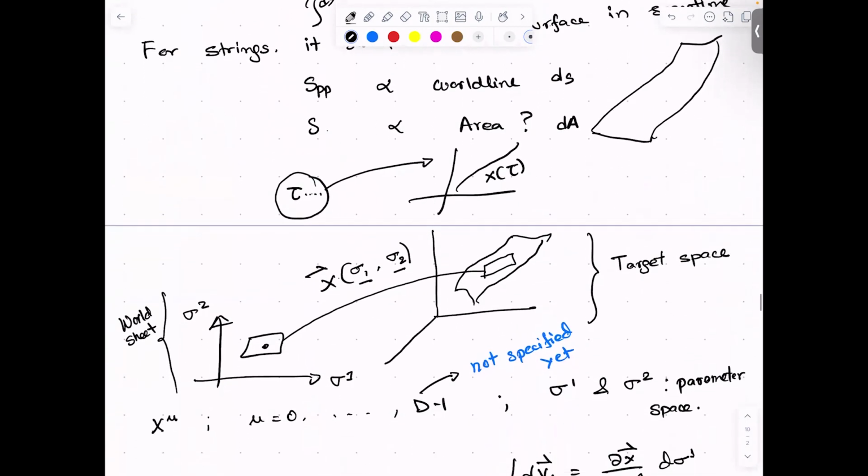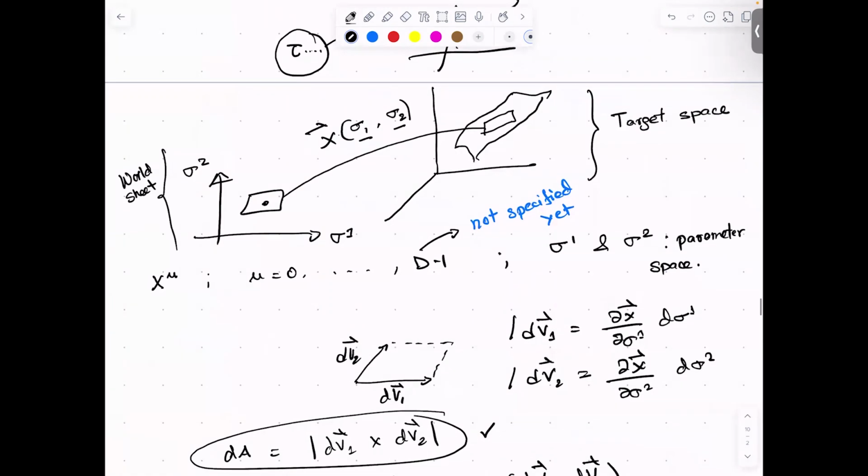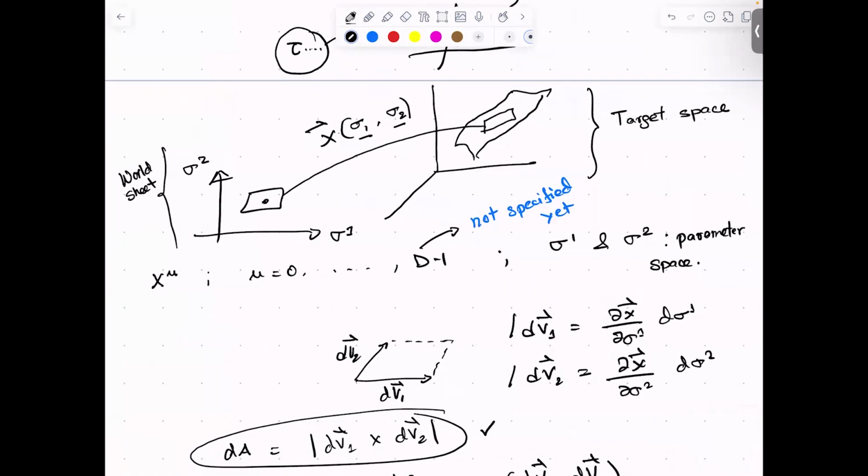Similar to the point particle, you can have strings. Why strings? I motivated this in a huge monologue last time. But okay, forget why strings. How strings? A string traces out a sheet, a paper, in space-time.